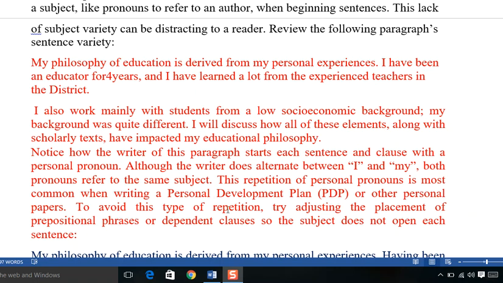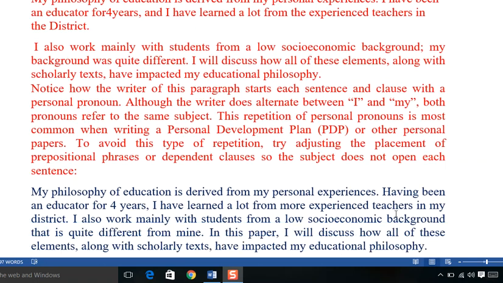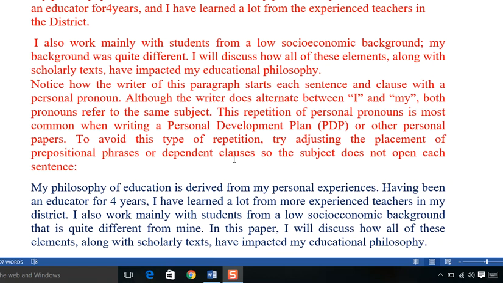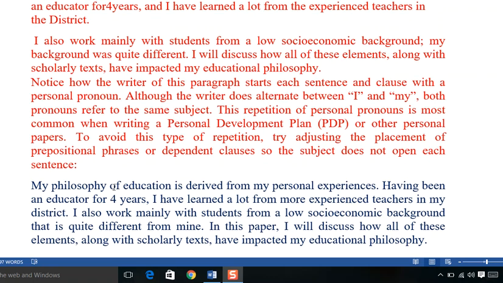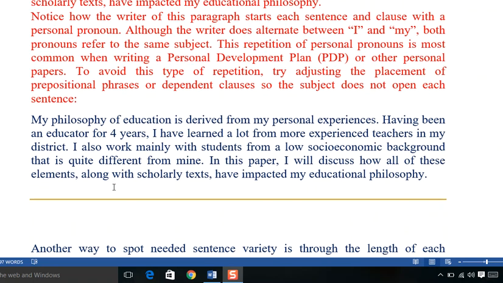To avoid this type of repetition, try adjusting the placement of prepositional phrases or independent clauses so that the subject doesn't open each sentence. Clear? In personal writing or personal papers, that is wonderful, but in scientific and technical subject matters, where you give more importance to the subject matter, these are not preferred.